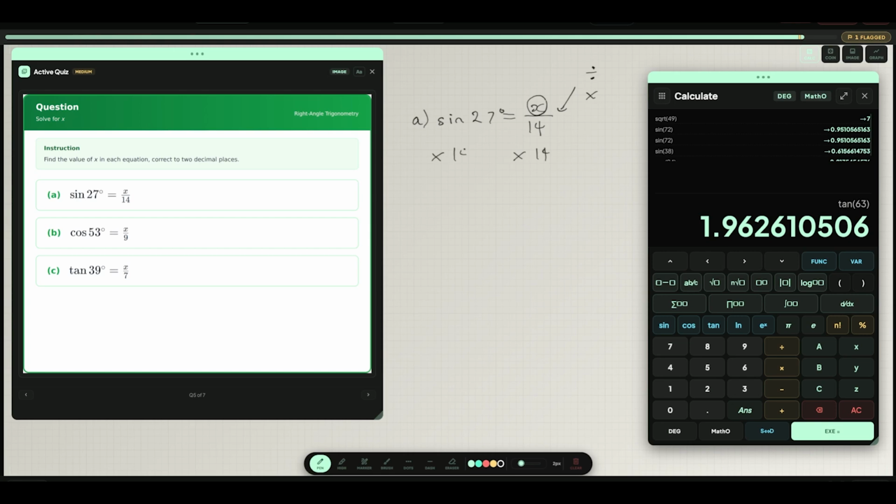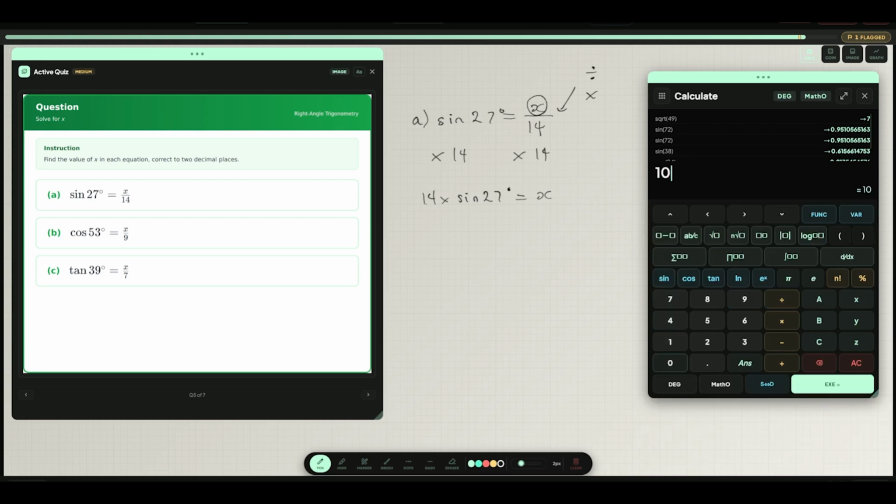If we multiply both sides by 14, then effectively we're dividing by 14 and then multiplying by 14, which means we're just left with the pronumeral. And that means that 14 times sine of 27 degrees will be equal to our x value. So we can solve for our unknown side just by typing that into our calculator.